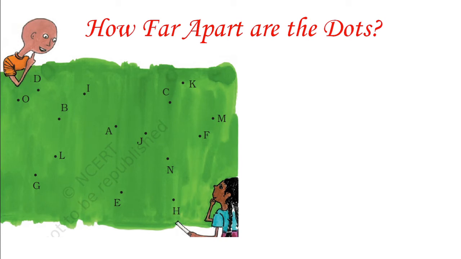So how can we know which dots are the farthest and which are the nearest? For the nearest, we can guess O and D, C and K, F and M. Out of these pairs, some will be nearest. So we can see these two points seem to be nearest.